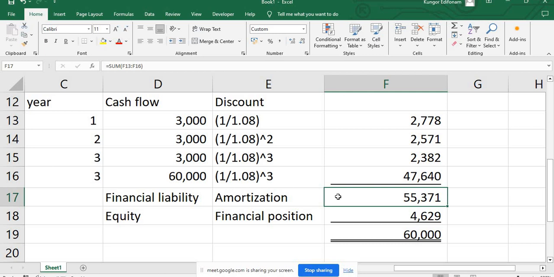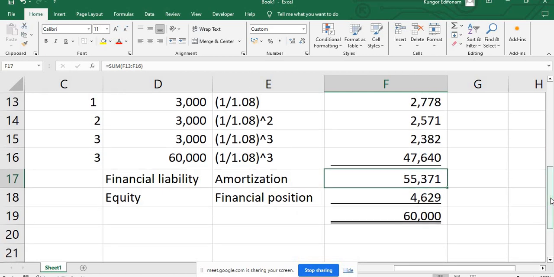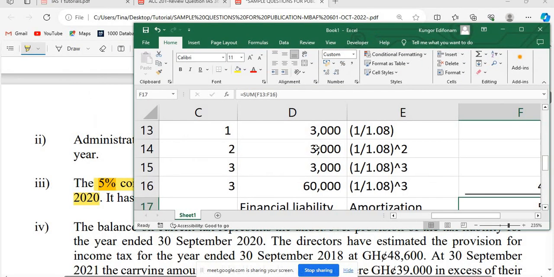I just want to know whether some of my words will be foreign or strange. I hope we are all familiar with amortization and the amortization schedule.